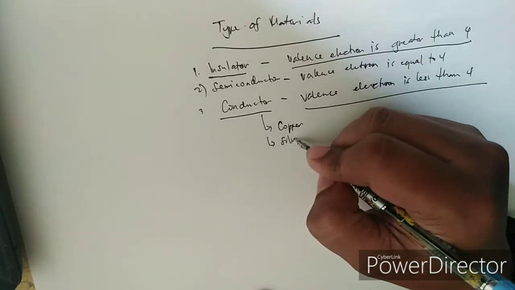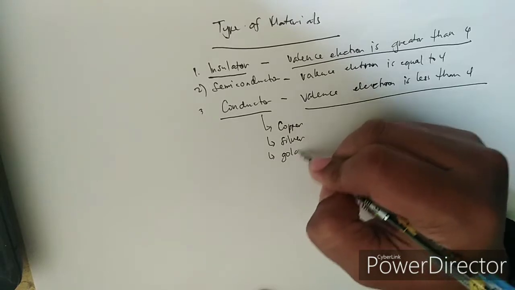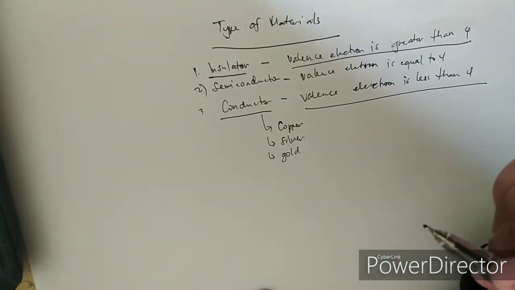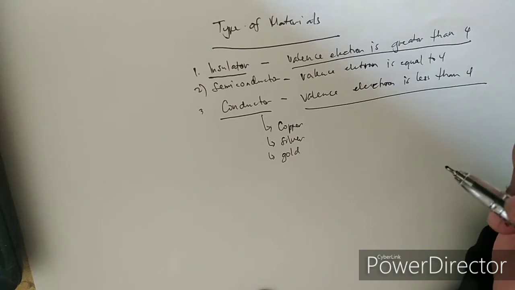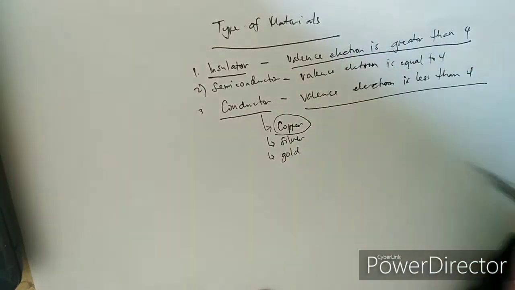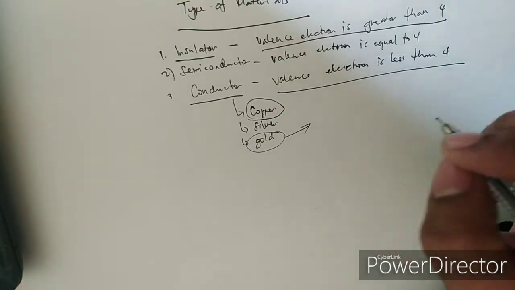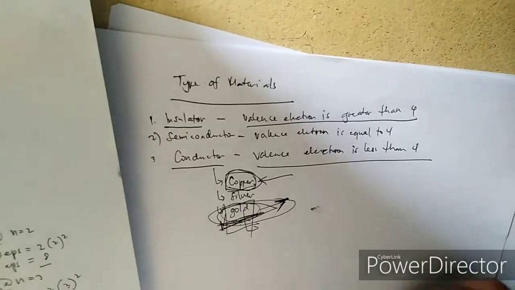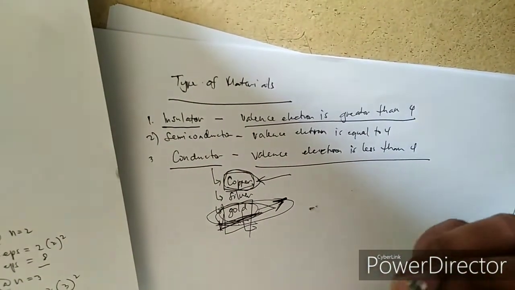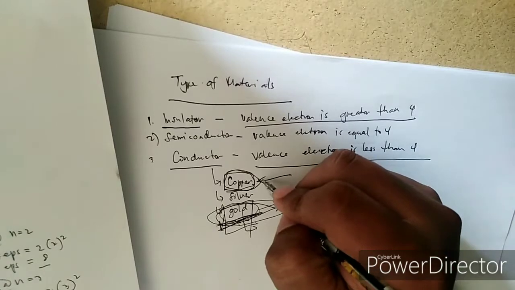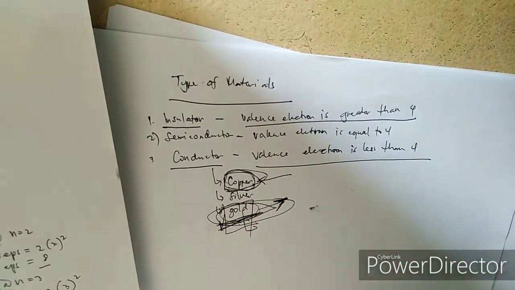silver and gold. In the industry, the most commonly used conductor is copper, but the more conductive metal is gold.